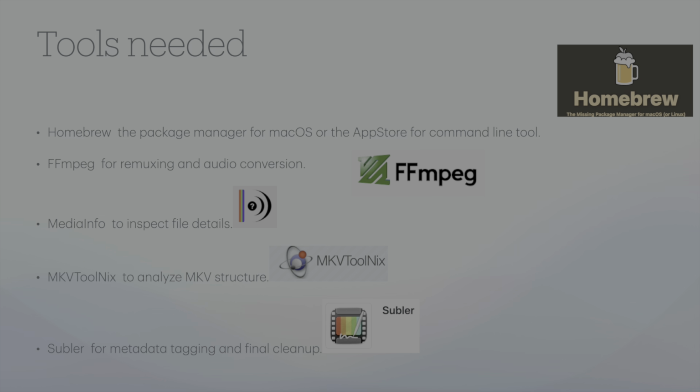Once Homebrew is ready, open Terminal and run brew install ffmpeg and brew install --cask mkvtoolnix-app. This installs FFmpeg and MKVToolNix. MediaInfo and Subler can be downloaded directly from their official websites. After everything is installed, we can start converting our files.